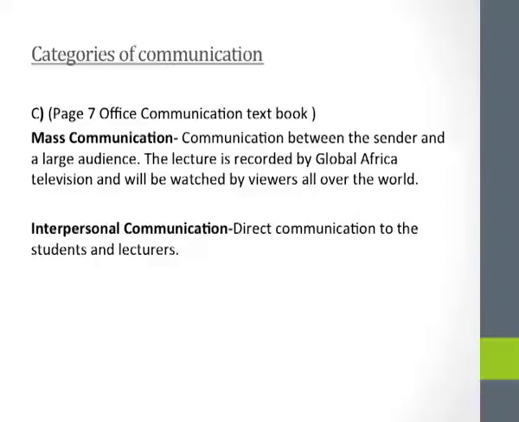The lecture is recorded by Global Africa Television and will be watched by viewers all over the world, hence this being mass communication. There is also interpersonal communication, which is direct communication to the students and to the lecturers, which is the direct communication that Mr. Motinga has with the students and the lecturers.